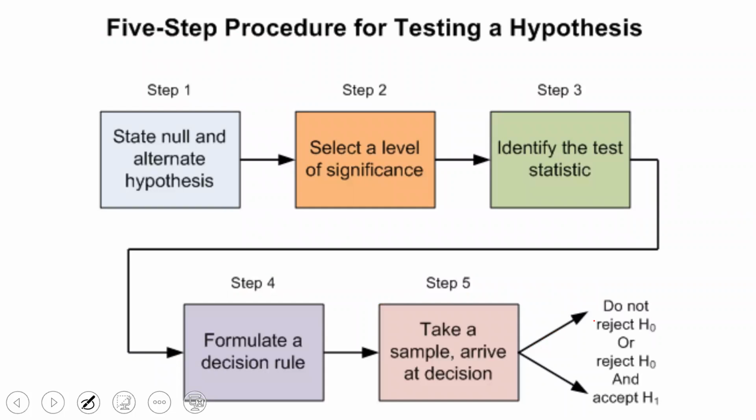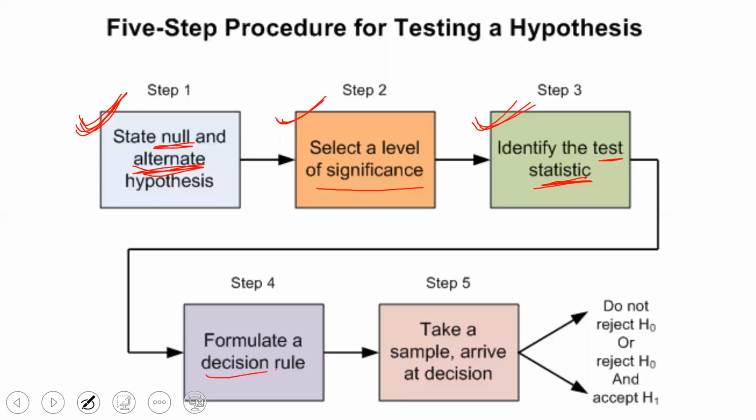So let's see what are the steps for hypothesis testing. First we specify what is my null hypothesis and what is my alternate hypothesis. Then we select a significance level. In third we identify the test statistic.